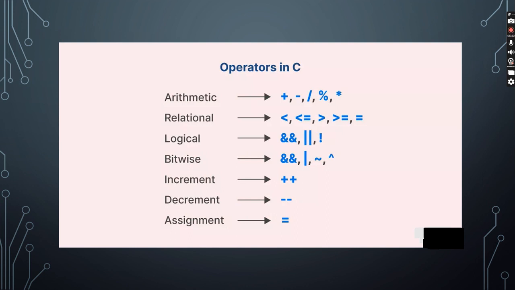Operators play a key role in any language. Examples: arithmetic, relational, logical, bitwise, increment and decrement, assignment operators. Arithmetic operators can do addition, subtraction, multiplication, modulus, division, etc. Relational means greater than, less than, greater than or equal to, less than or equal to, equal to.